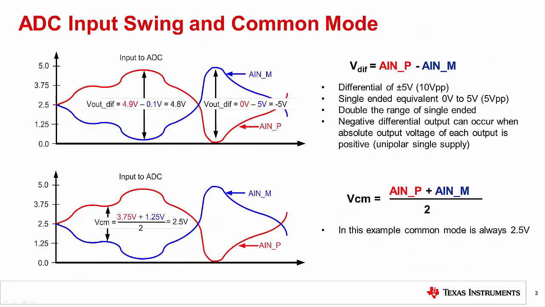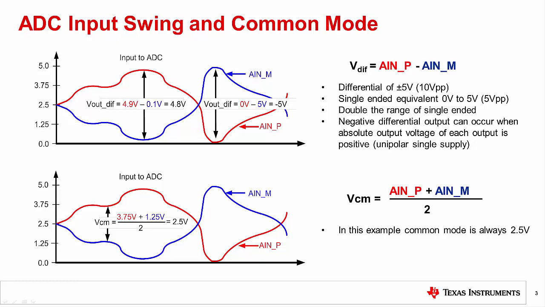The next two ADC input types use differential input signals. Before discussing these types, let's briefly discuss differential signals. The differential input voltage is calculated using the equation VDIF is equal to ANP minus ANM. So for example, if ANP is 5 volts and ANM is 0 volts, then the differential input voltage is 5 volts minus 0 volts or positive 5 volts differential.